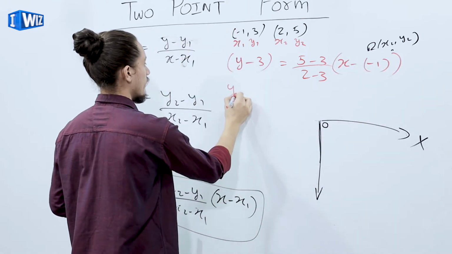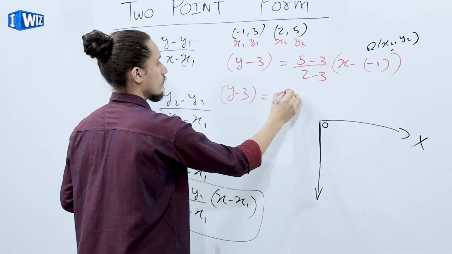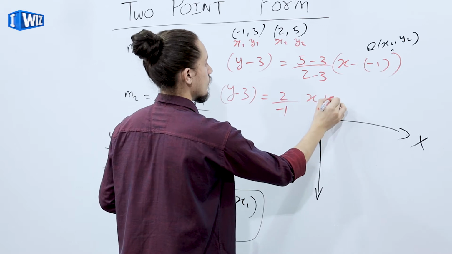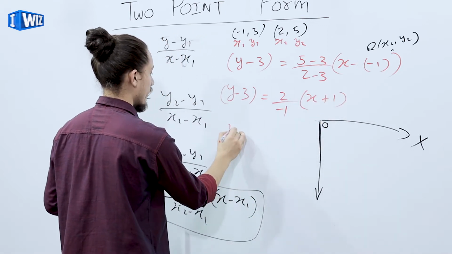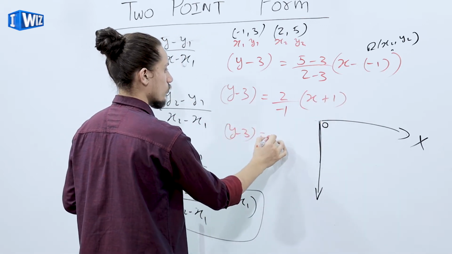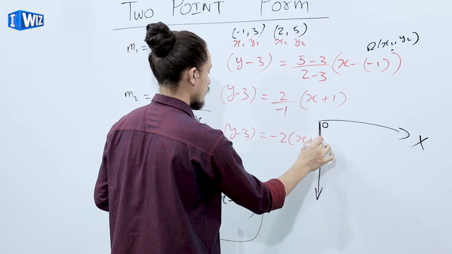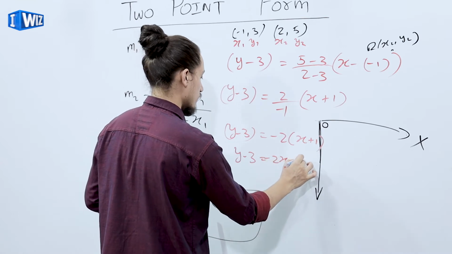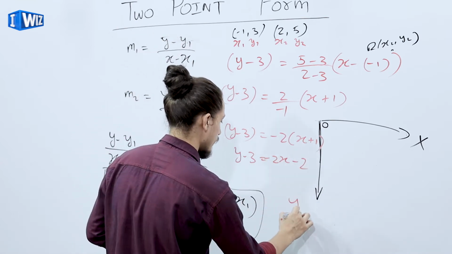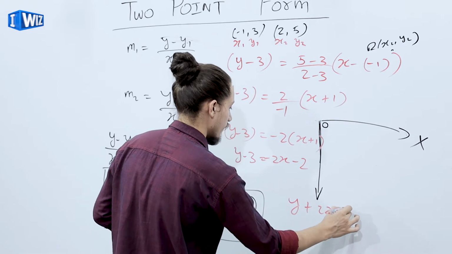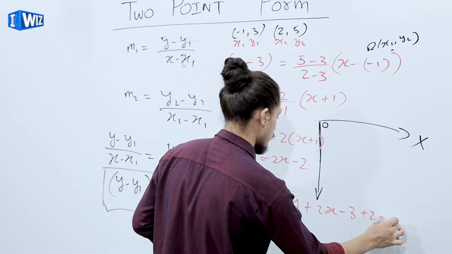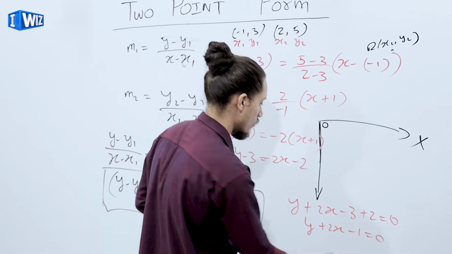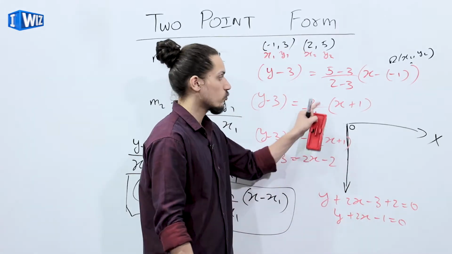So y minus 3 is equal to, 5 minus 3 is equal to 2, 2 minus 3 is equal to -1, into x plus 1, which gives us y minus 3 is equal to -2 into x plus 1, which implies y minus 3 is equal to minus 2x minus 2. So we get y plus 2x minus 3 plus 2 is equal to 0, or y plus 2x minus 1 is equal to 0, which is the equation of line in 2-point form.